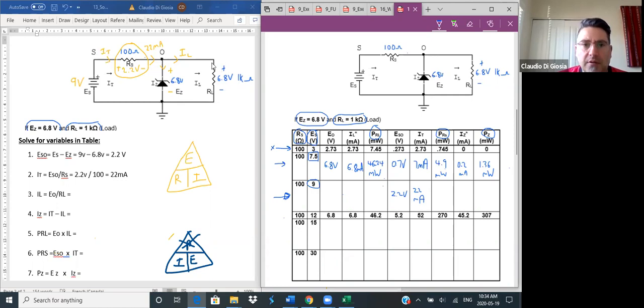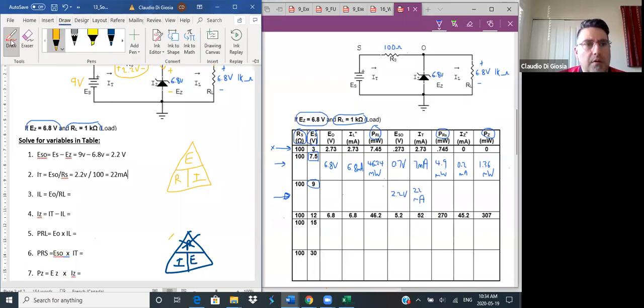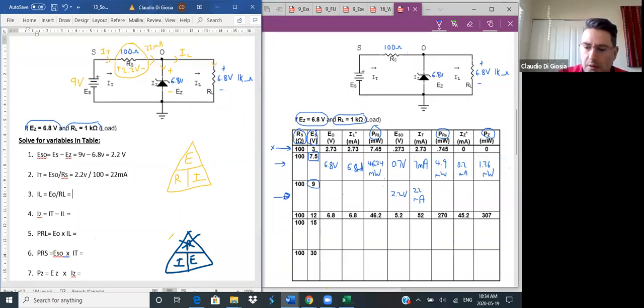IL, the current here. IL is 6.8 volts divided by RL of 1K. And this is not going to change. It's 6.8 milliamps. That's IL.